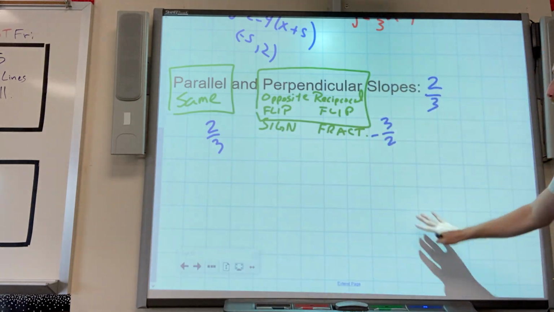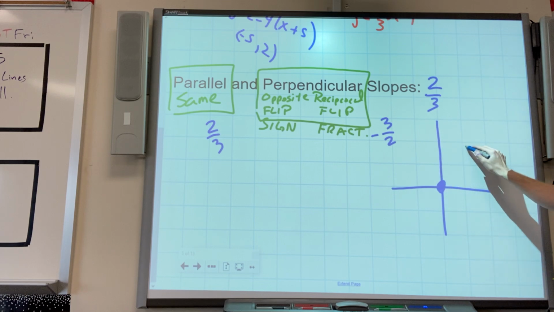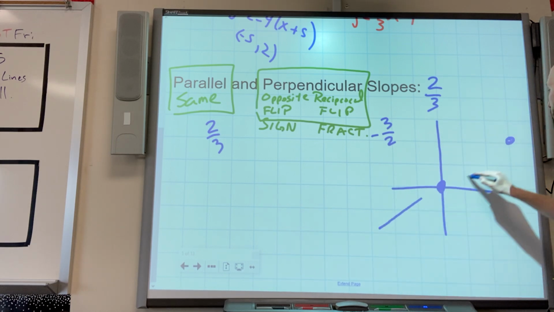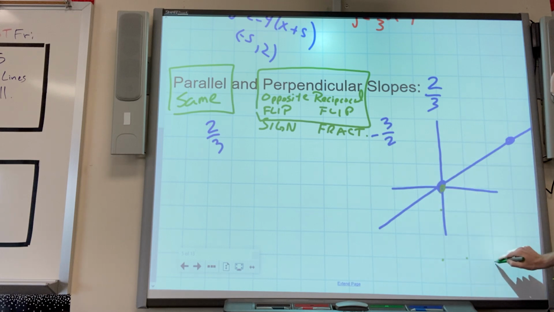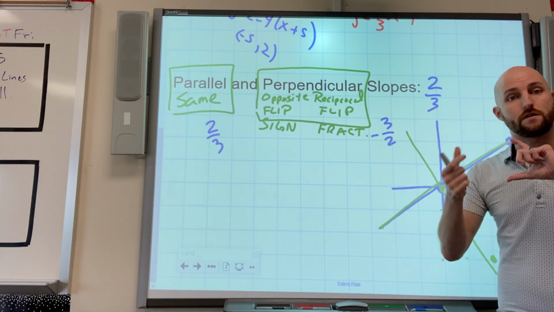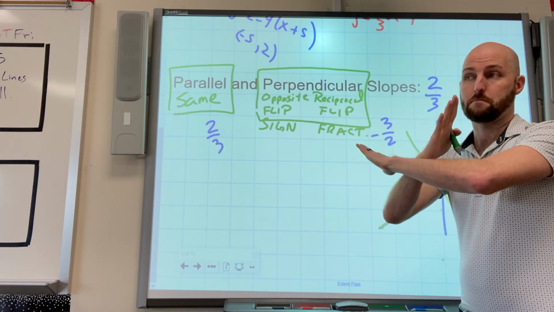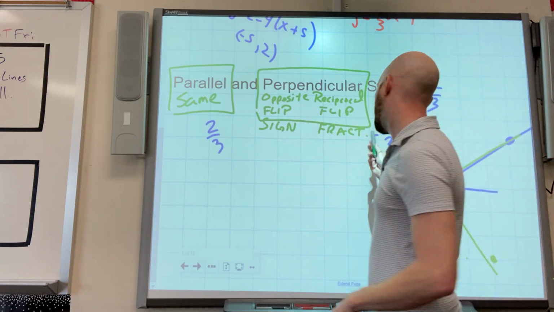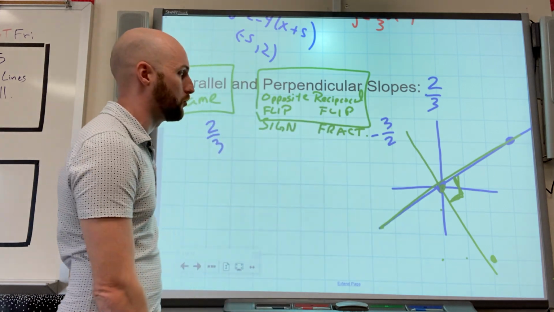In fact, I've got a bit of a grid here, so I'm just going to show you that if I have a slope of up 2/3, and I have a slope of down 3/2, and I draw all this super carefully, that will always be a 90 degrees when you do that step. Any other combination, they'll cross, but they're not going to cross at a 90 degree unless it's opposite sign, opposite fraction. Again, opposite reciprocal is the formal name for that.